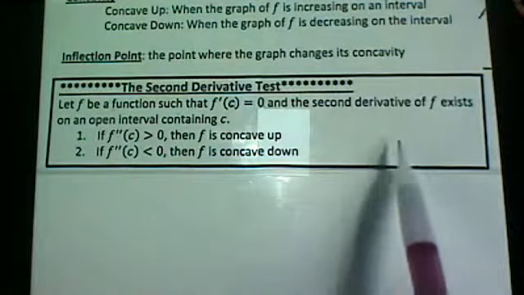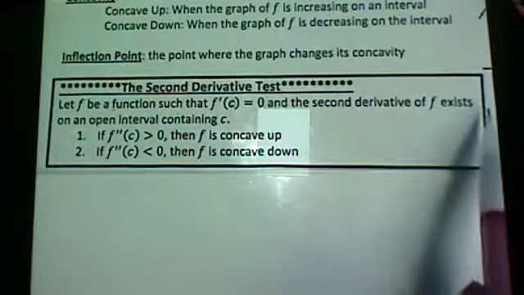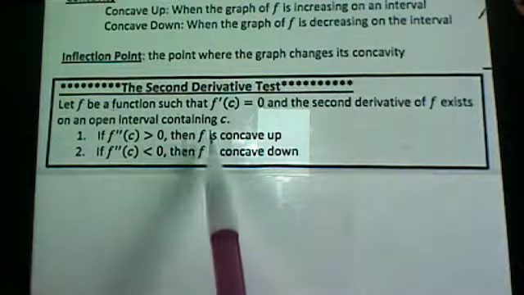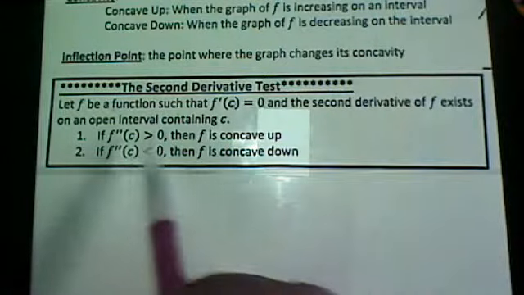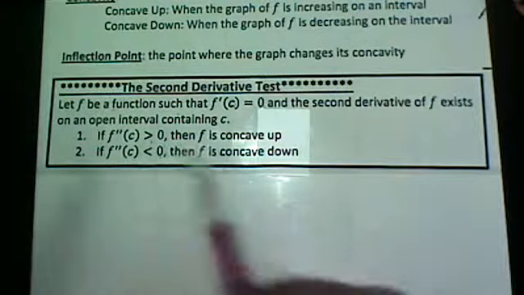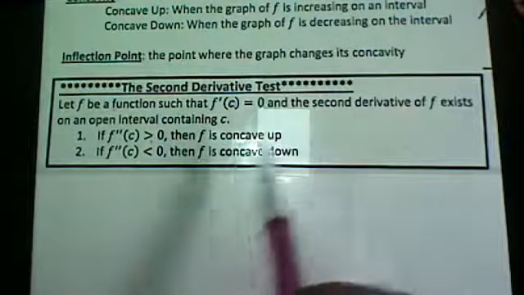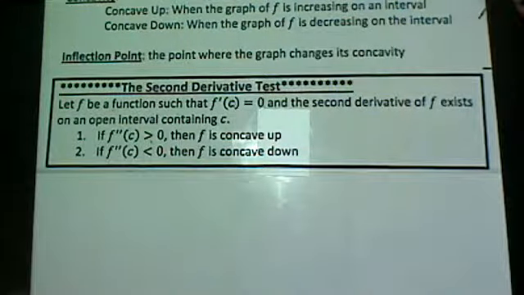Then the second derivative of f, provided that it exists, will tell you is it concave up or concave down. If the second derivative is positive, then the original graph is concave up. If the second derivative is negative, then the original graph is concave down.